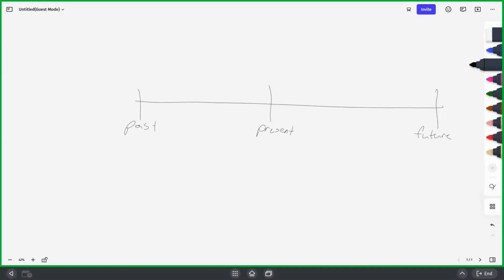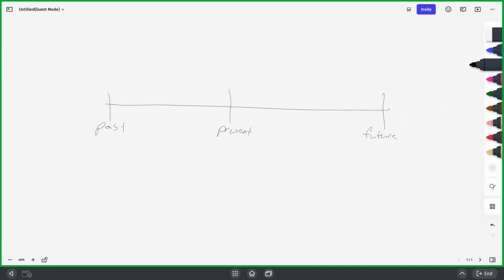If anyone can tell me any of them, we're going to focus on the past first. But if anyone has an idea of what the present and the future hold, feel free to throw that out there. With the past, liabilities occur because of a past transaction.